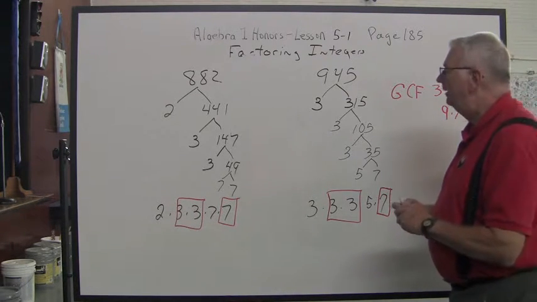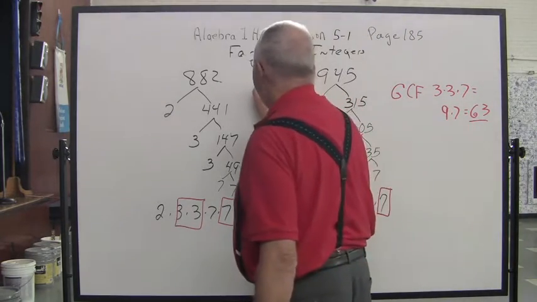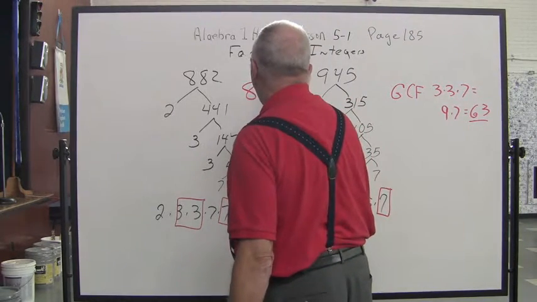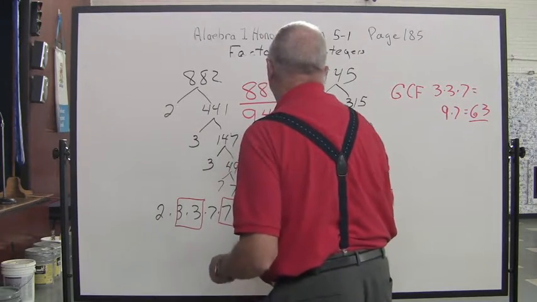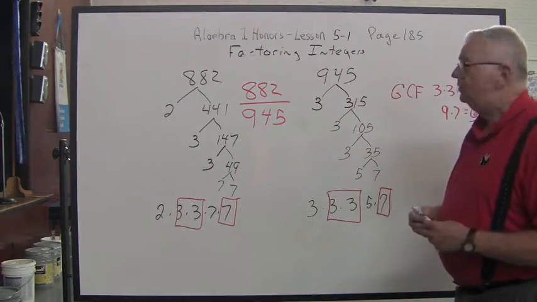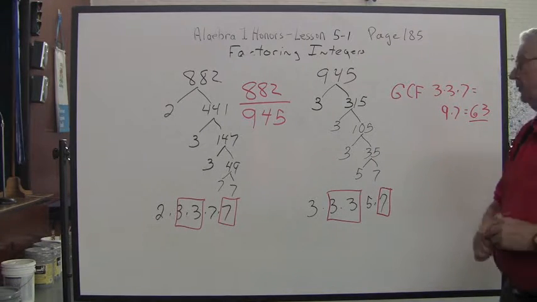Well, what about if we had 882 divided by 945, and they said simplify that fraction.